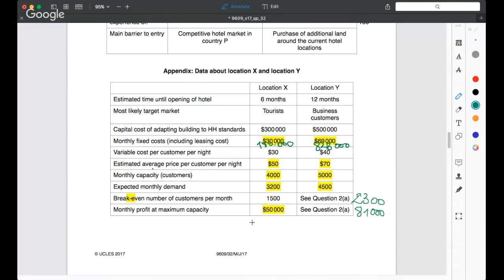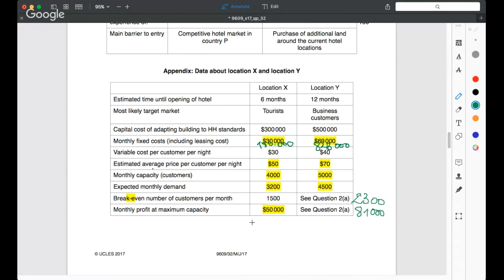Okay, so I would go for location Y, but it depends. Yeah, it depends on what. If we forget this table, what are we going to consider more than that? Because in here we have an idea. It's nice to go for location Y because it's more profitable, but it's a little bit more risky because you have to fill your hotels with 2,300 full rooms.